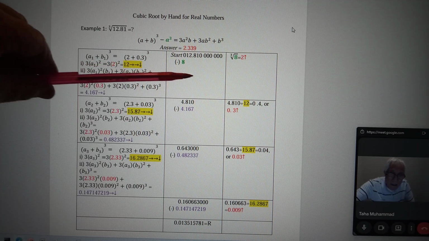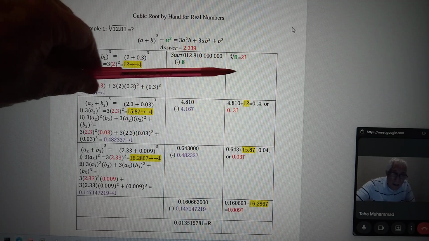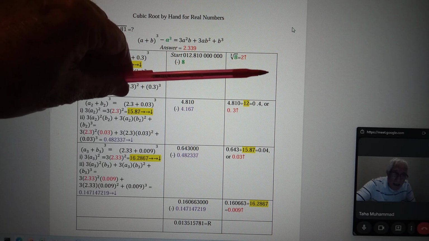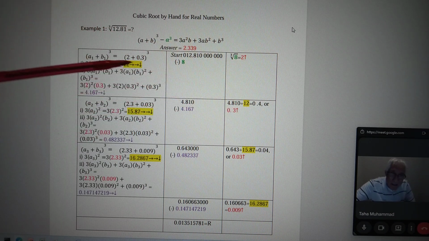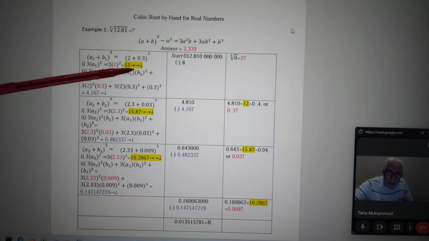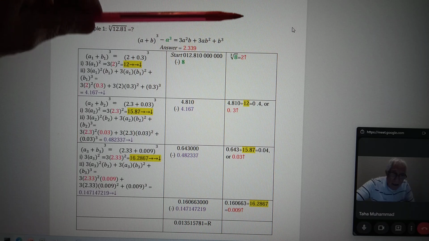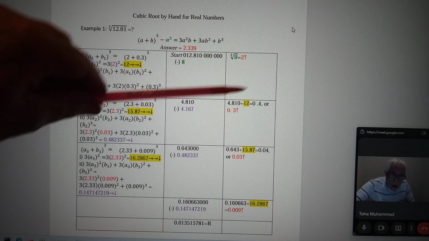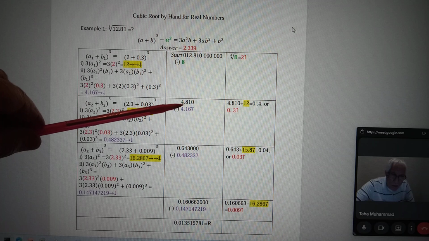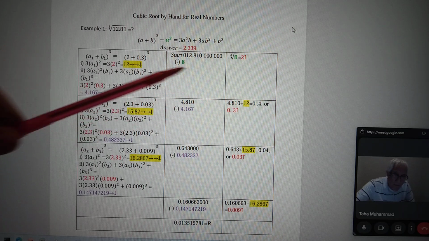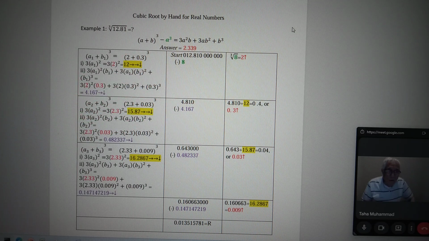See, one arrow to the right, second arrow to the right, then arrow down, arrow down. That means we are going to divide 4.8 by 12.